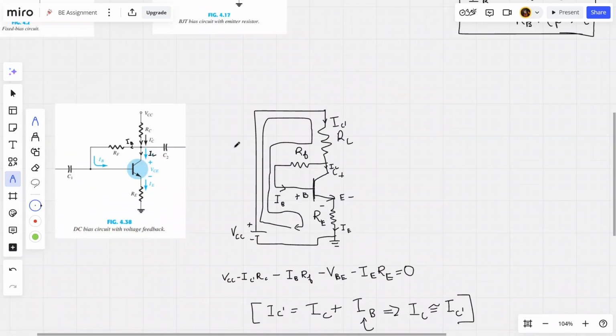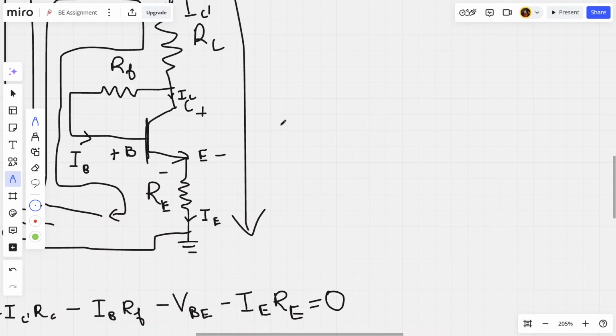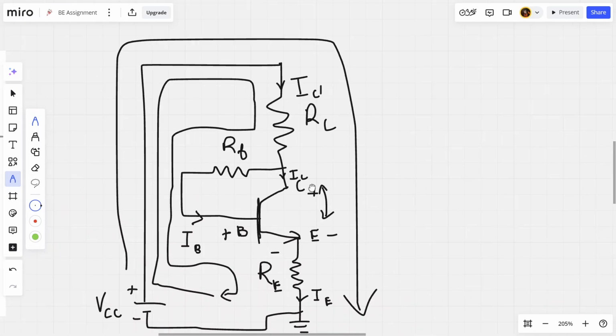Now we'll apply KVL on the outer loop, which is this one, and hence find the value of VCE, this voltage. So let's do that right now.